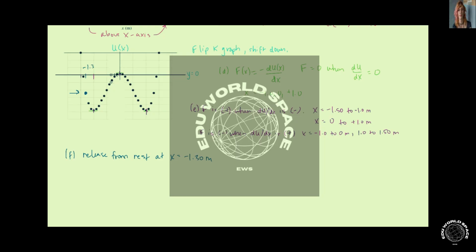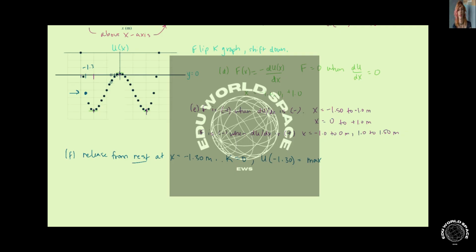And we want to know, what is its largest position? Since we are releasing from rest, our kinetic energy is 0, and our potential energy at negative 1.3 equals the maximum we can have.